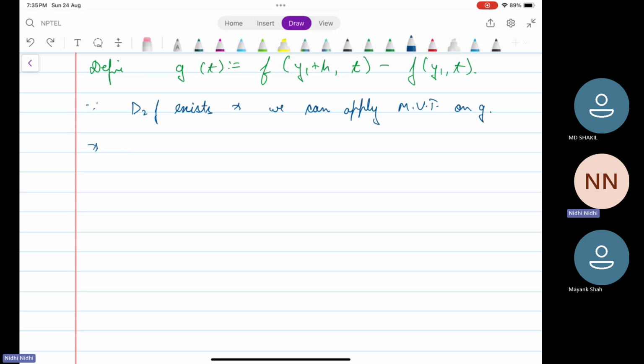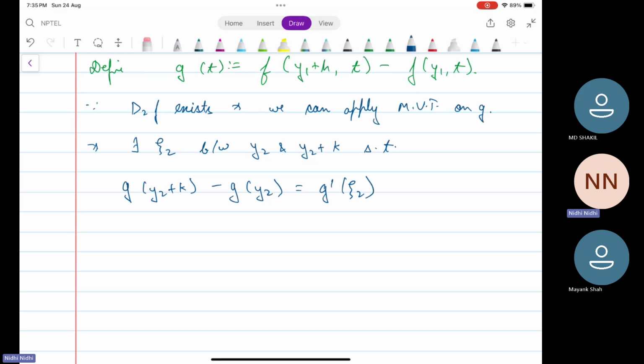There exists some zeta 2. I'm taking this zeta 2 because we are working in the second component. Zeta 2 between y2 and y2 plus k, such that g(y2 plus k) minus g(y2) is equal to g dash of zeta 2 times k.